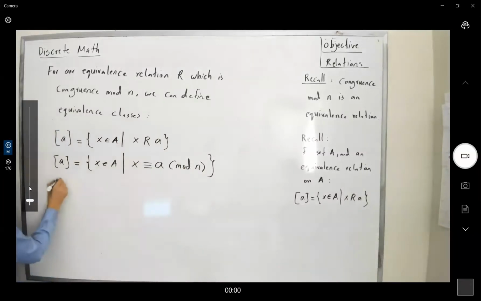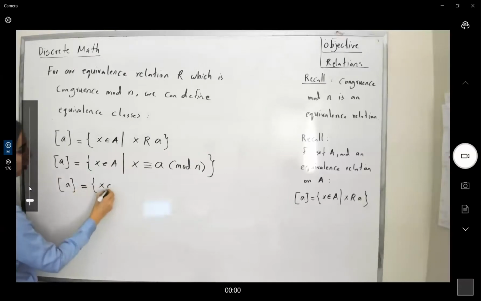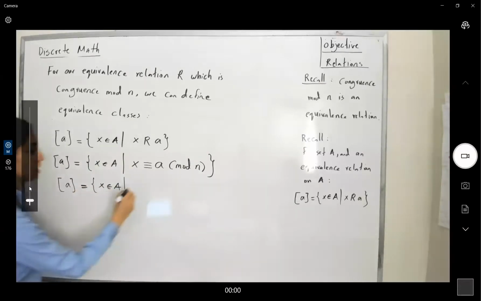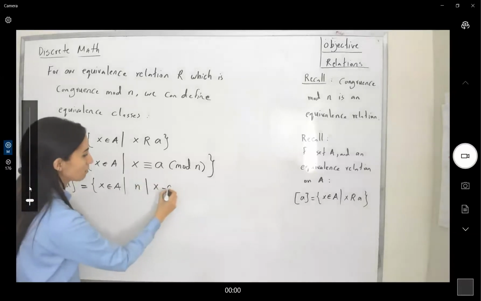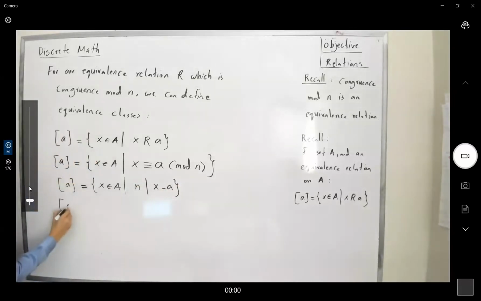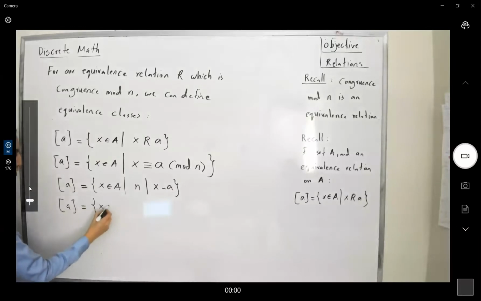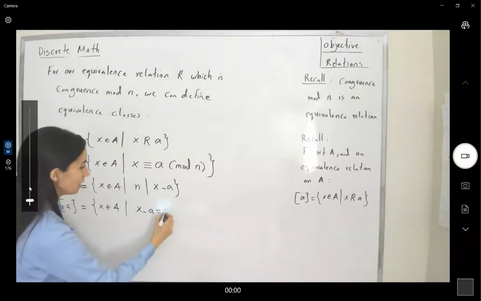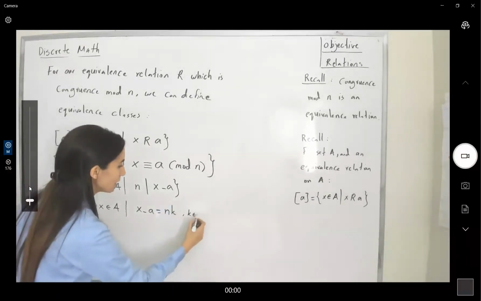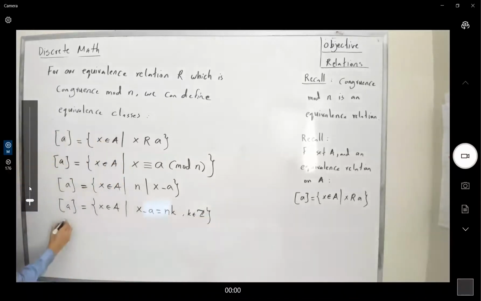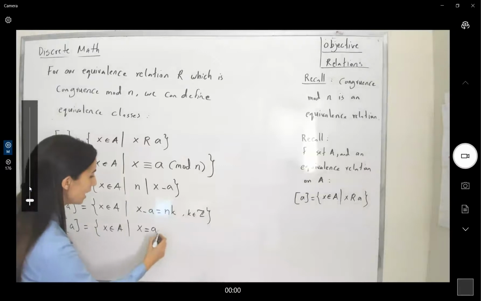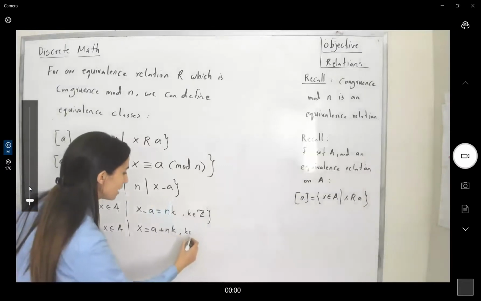What's the meaning of that? It means that the equivalence class of a is equal to the set of all elements in A such that n divides x minus a, or the set of all elements in A such that x minus a is equal to n times k, where k is an integer, or the set of all elements in A such that x is equal to a plus n times k.